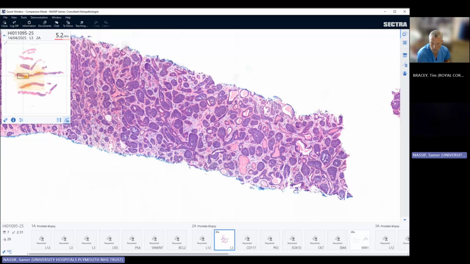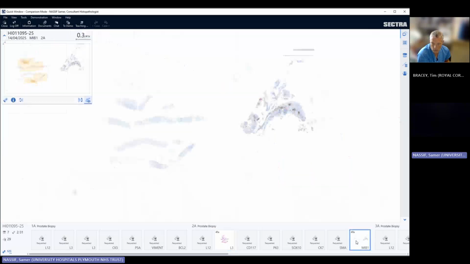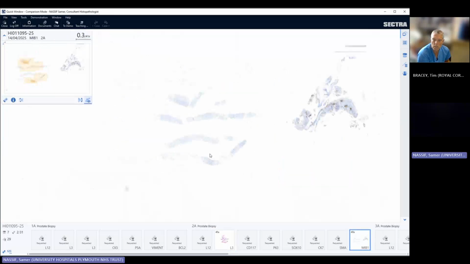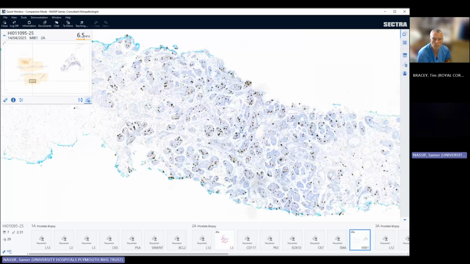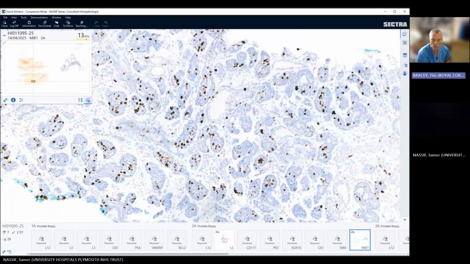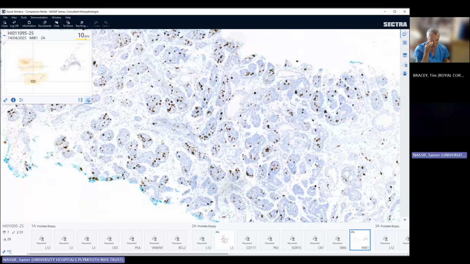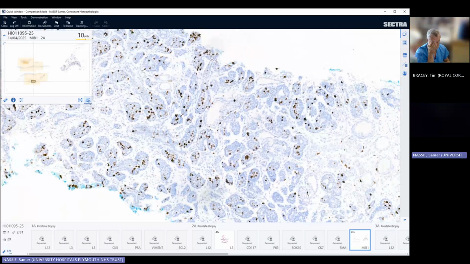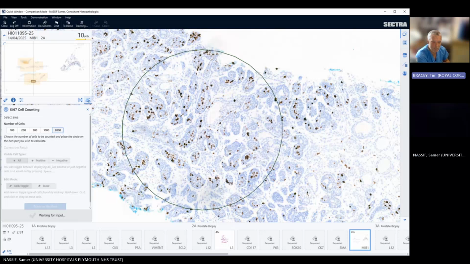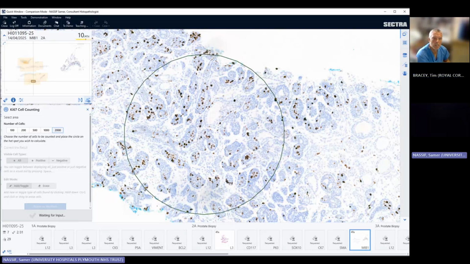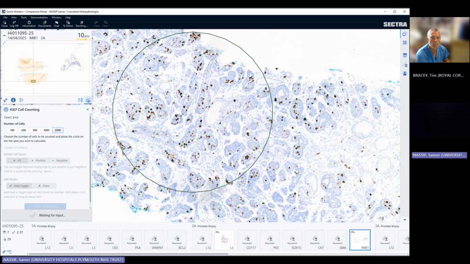However, this is MIB1. This is the highest area, so it's too low, really. Actually, let's do this. You can do a Ki67 count. Brilliant. So I'm choosing this, the highest density of positive nuclei.